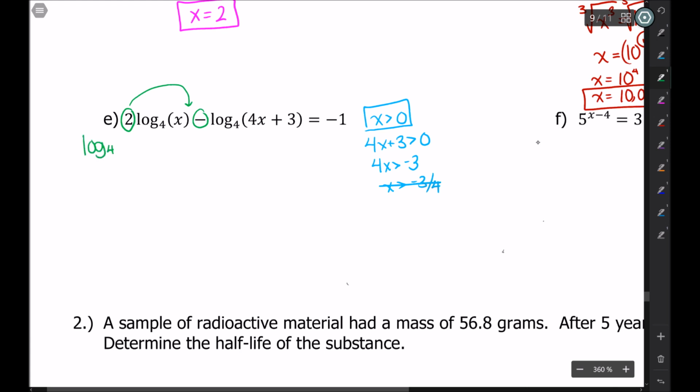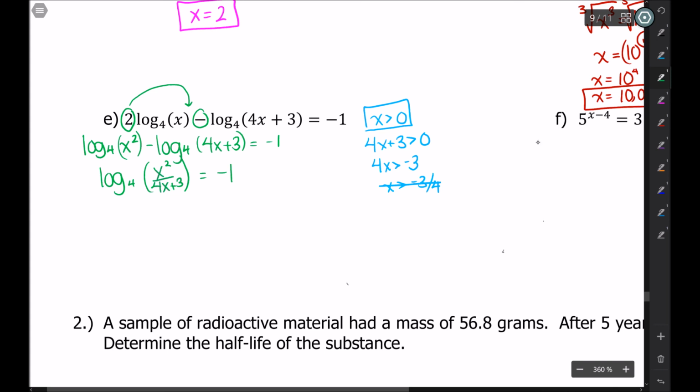I'm going to say log base 4 of x squared minus log base 4 of 4x plus 3 equals -1. Then I'm going to put this all together, and I'm going to say log base 4 of x squared over 4x plus 3 is equal to -1.